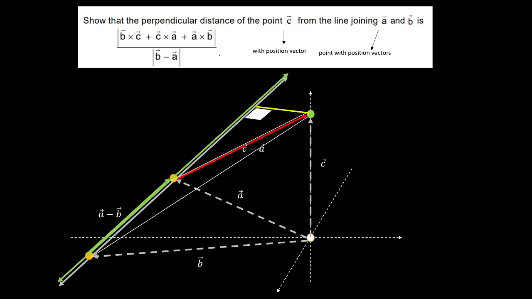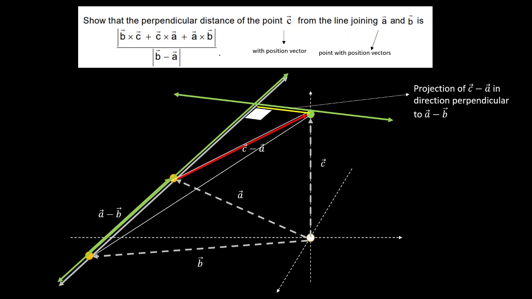We have made 2 resolutions on the A minus B vector, one along this vector and the other perpendicular to that vector. And then we see that the yellow line which we have to find is the projection of C minus A in the direction perpendicular to A minus B. And that can be calculated very easily now.